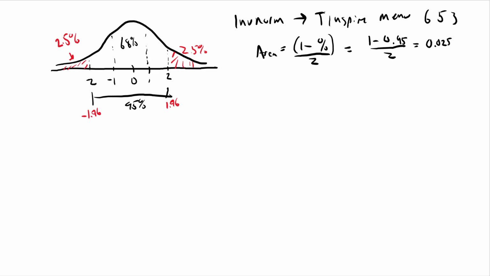And when you're using your critical value, you should always use the positive value, okay? I know the calculator gives you a negative 1.96 because it's finding the lower tail, but you always want to use the positive values.